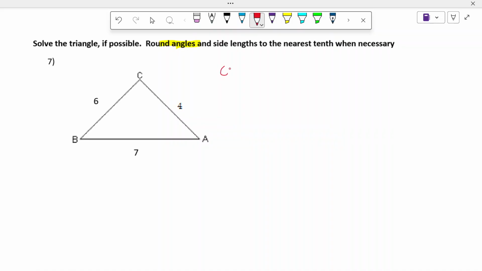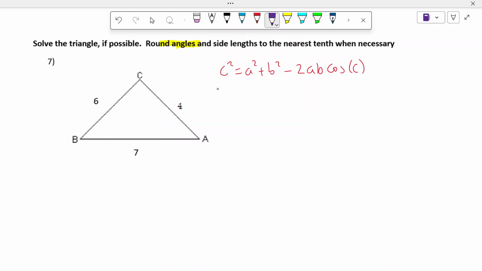So the law of cosines is c squared equals a squared plus b squared minus 2ab cosine of angle C. And that's the one we're going to use. Since I know all the sides, let me fill it in. I'm going to pick this as side C. I could use the different forms of the law of cosines and switch the names of the sides, but I like the labeling that it has.